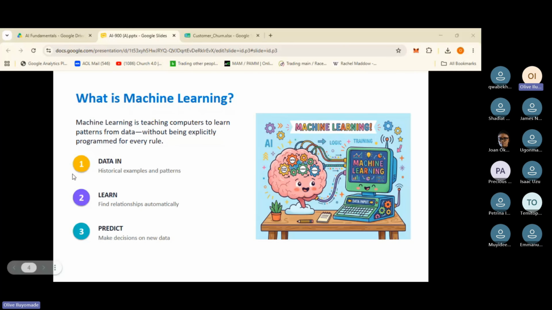So what is machine learning? Machines learn the same way that human beings learn, by being fed with information. You teach computers to learn, and they learn patterns from data. It's the same way you would teach a child.